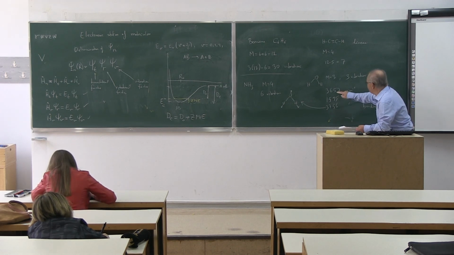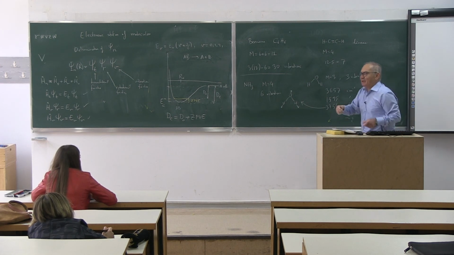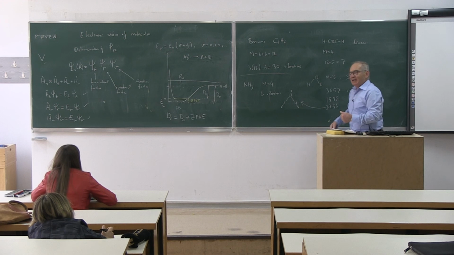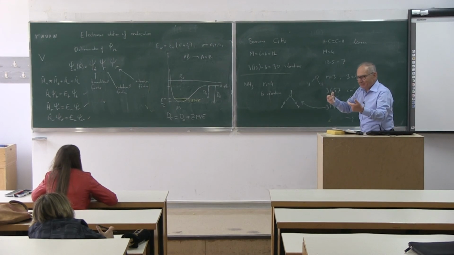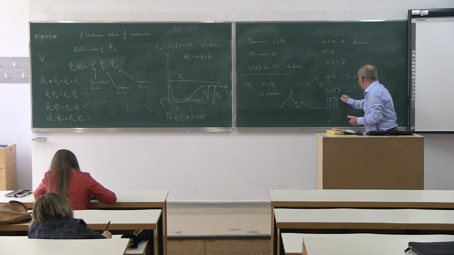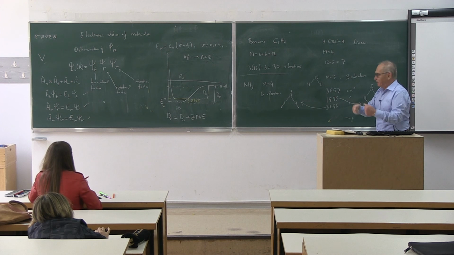Is it this number or that number? To answer this question, just ask, which one is easier, bending motion or stretch? Bending is easier. Easier means less energy, smaller frequency. So this corresponds to the bending vibration motion.